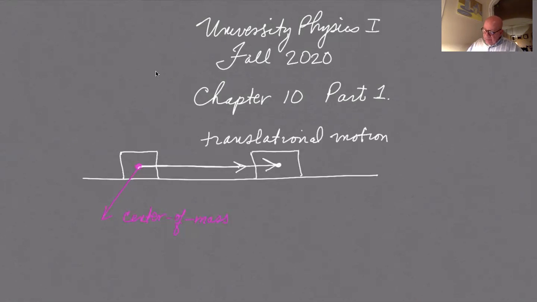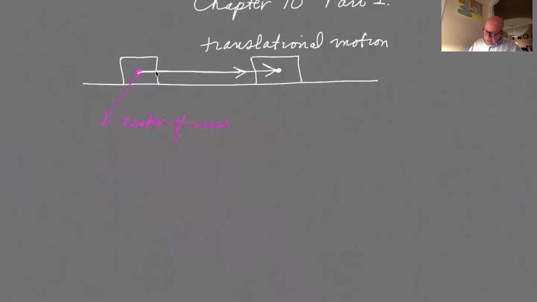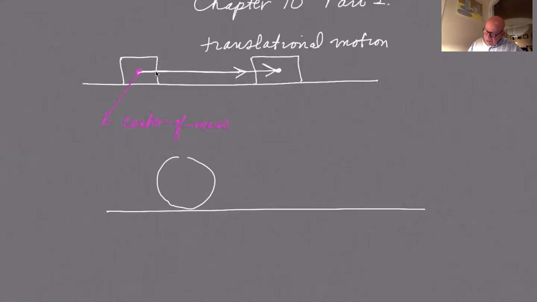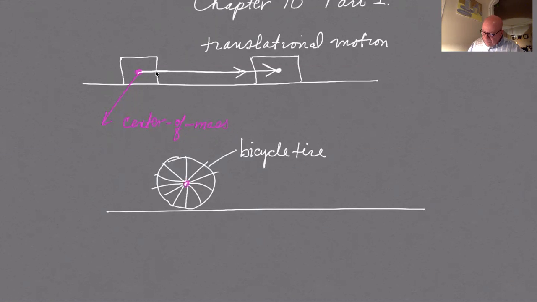As a matter of fact, if we were to imagine a bicycle tire, and again, if we were in class, I would have this prop with me. So if we imagine a bicycle tire, then we could very well imagine that as long as that bicycle tire is fairly homogeneous, that it's highly symmetrical, that this would be the center.